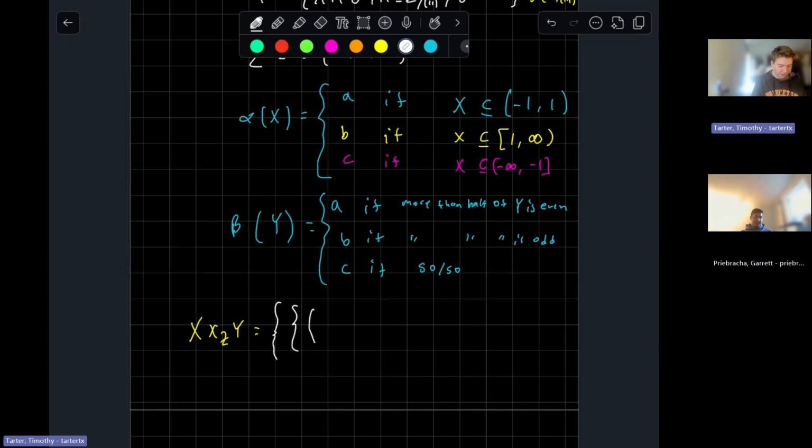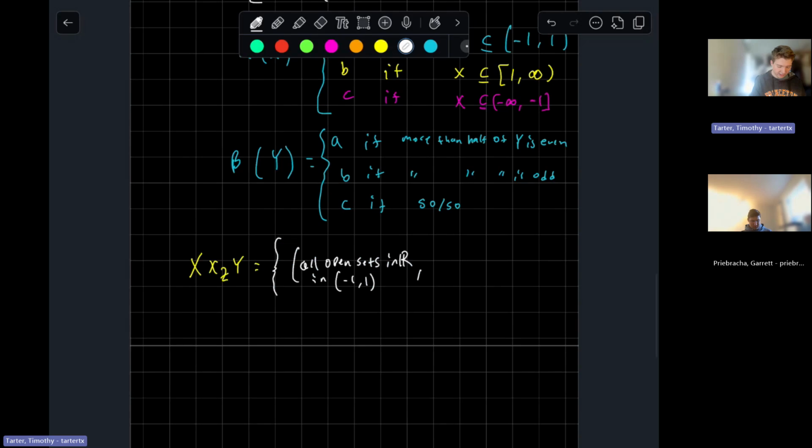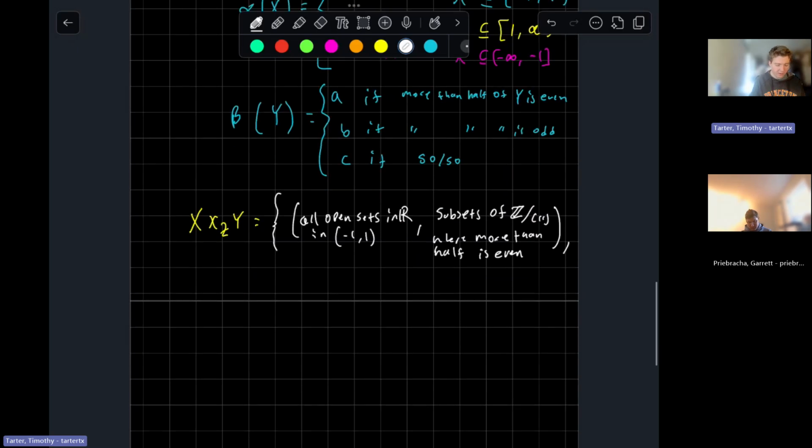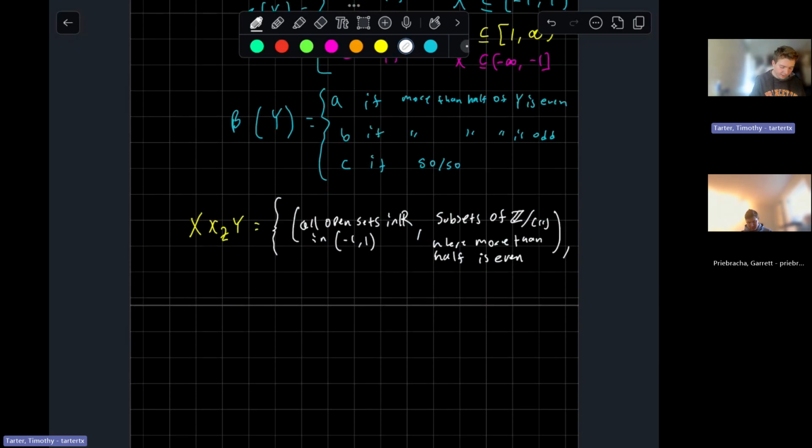So the first half of our Cartesian pair is all open sets in R, and then the second slot is going to be subsets of Z mod 11 where more than half is even.